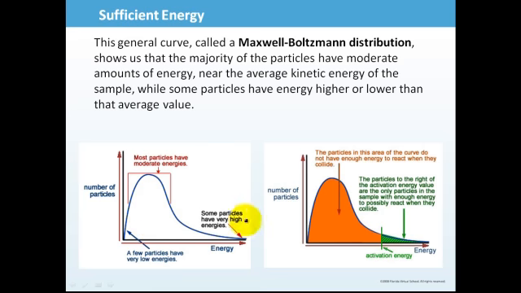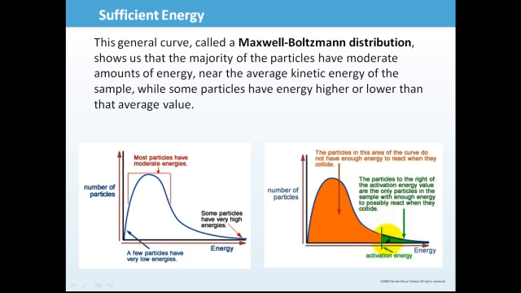Okay. Now the one on the right has a little more detail added to it. Here they've added in the activation energy. And remember, the activation energy is the energy needed to get the reaction started, or the minimum amount of energy required for a successful collision, now that we're using collision theory.